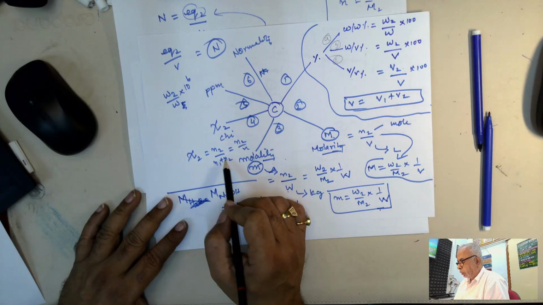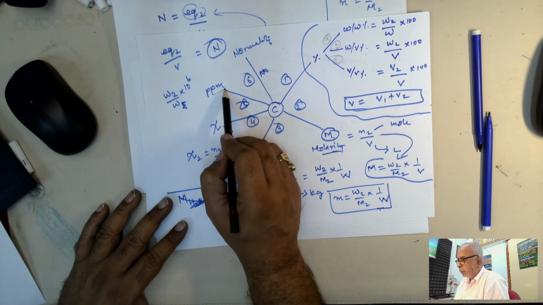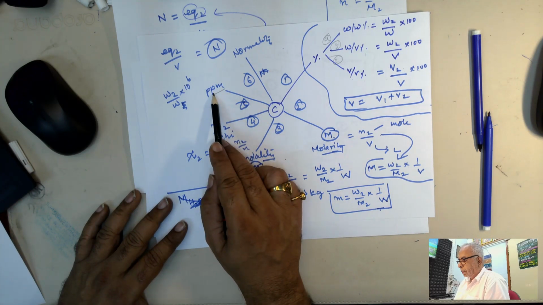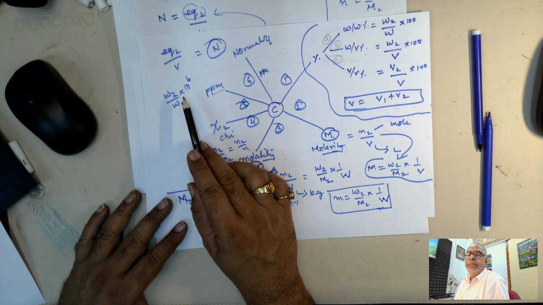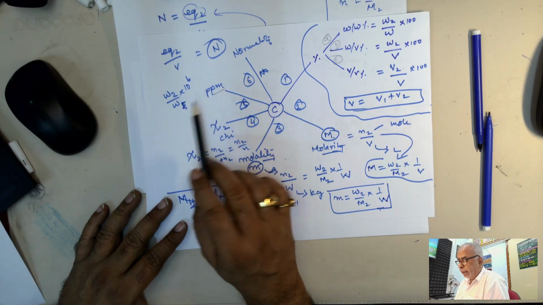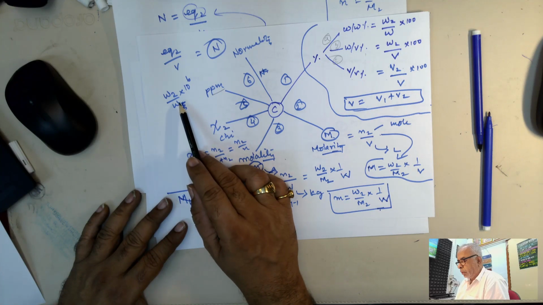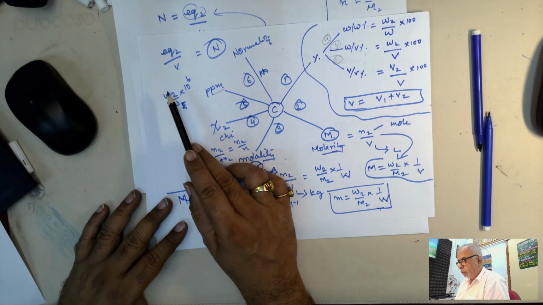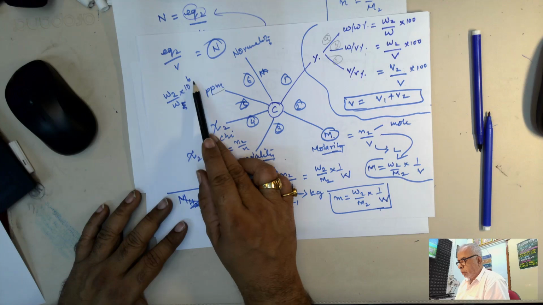And the fifth is parts per million, which is W2 upon W into 10 to the power 6.